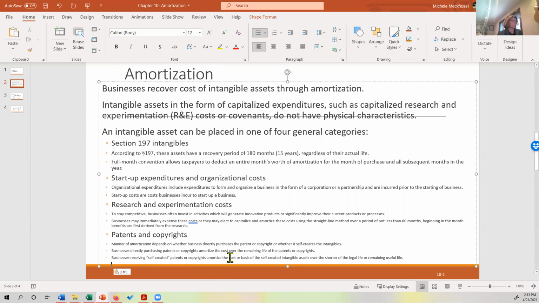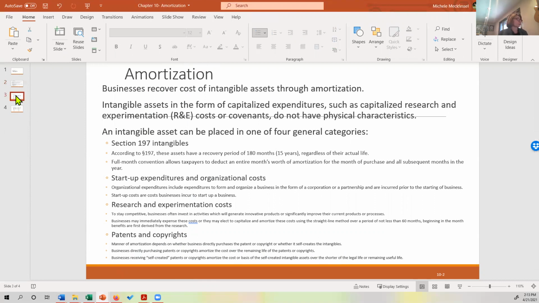And so when you have a patent or a copyright, how it's amortized depends on whether it was purchased or whether it was something that the business created. Okay. And so if you purchase a patent or a copyright, you amortize over the rest of its remaining life. Okay. If it's self-created, then you amortize over the shorter of the legal life or the remaining useful life.